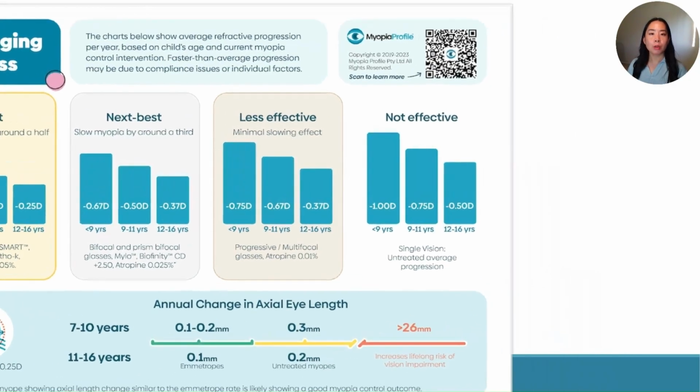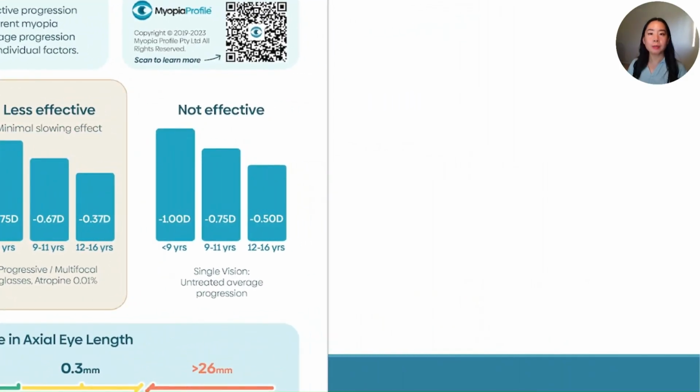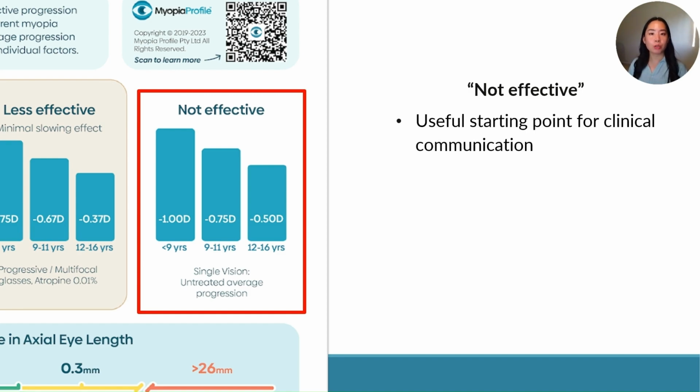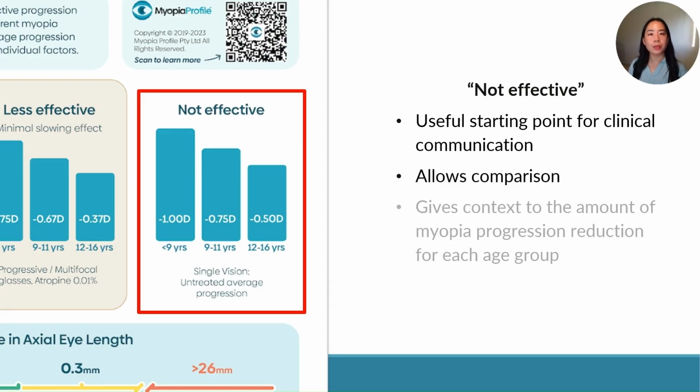So if we zoom in on this a little more closely, then you'll see what we mean by no treatment is giving a patient single vision correction. It's a useful starting point when discussing myopia control with patients, as it allows comparison with effective treatments, and it also provides some context as well.